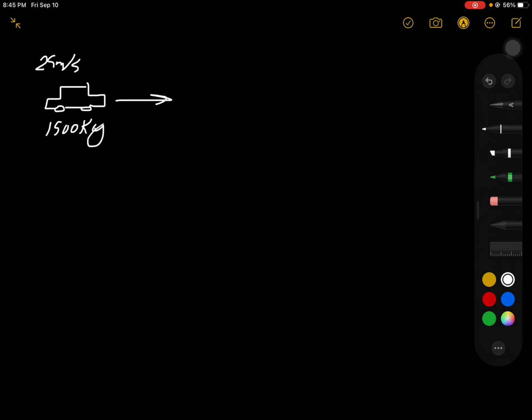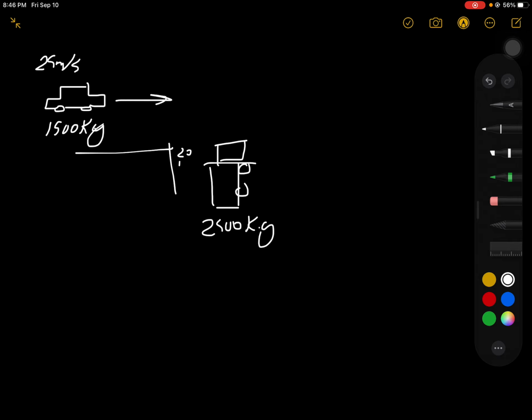Okay, this car is going to collide with another vehicle, a truck, with 2500 kilogram for mass and velocity of 20 meters per second, and this truck is moving to the north.